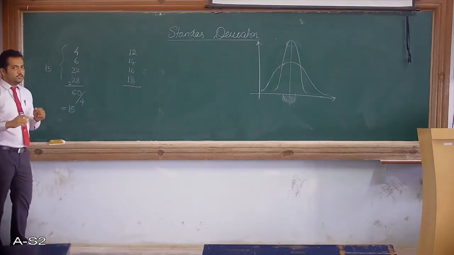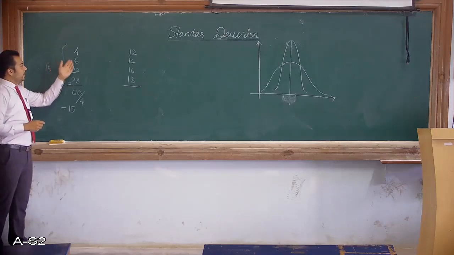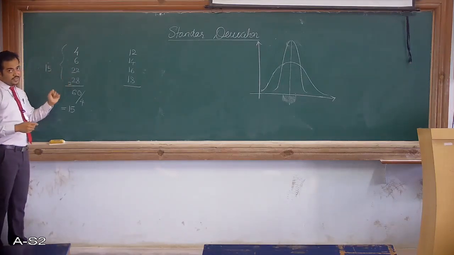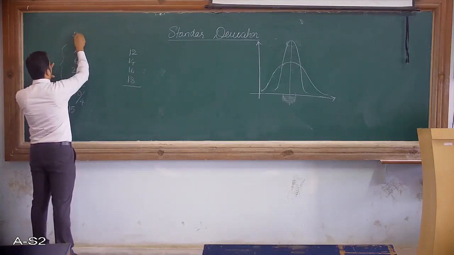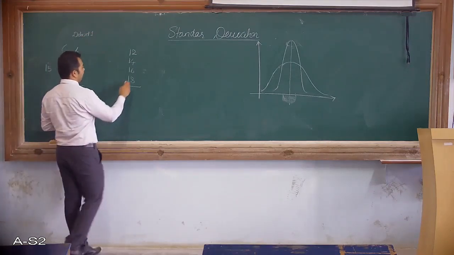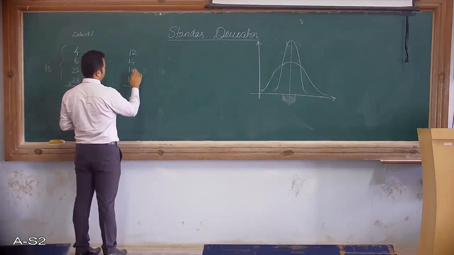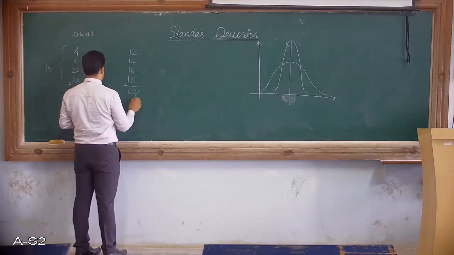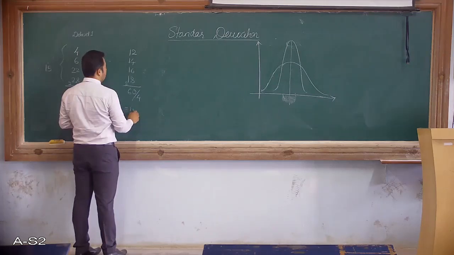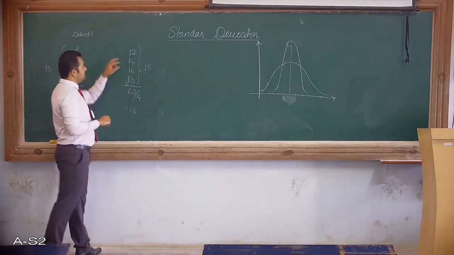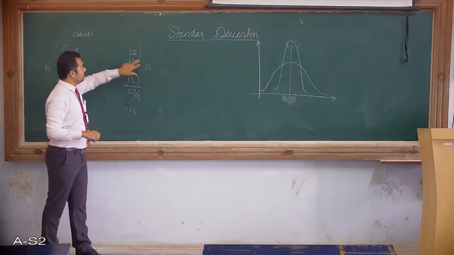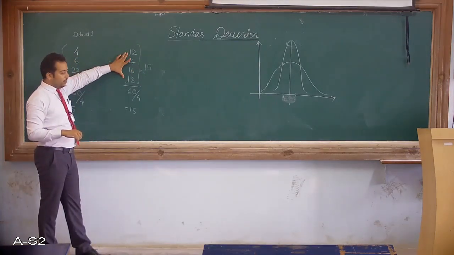If you consider 15 in the second series, it cannot relate to any of its values. For the first data set the arithmetic mean is 15, and for the second it is also 15. At least the values 14 and 16 are near to 15 as compared to 4 and 28.